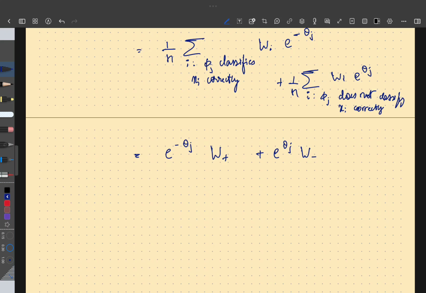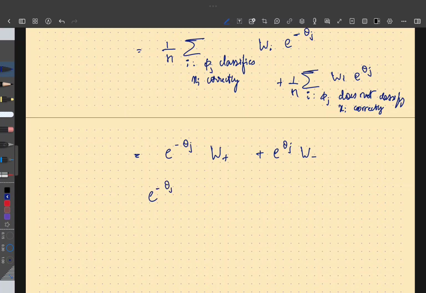So since the function is convex, to minimize it you just take the first derivative and set it equal to 0, right? So to get the minimum, theta j star, you take the first derivative and set it equal to 0.